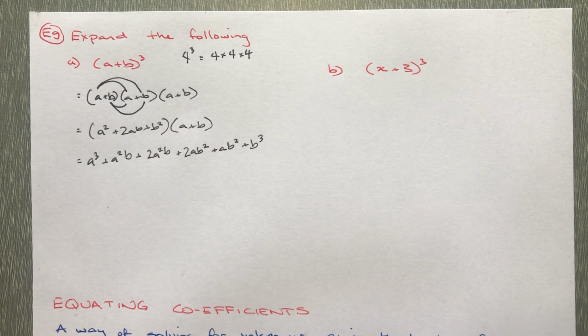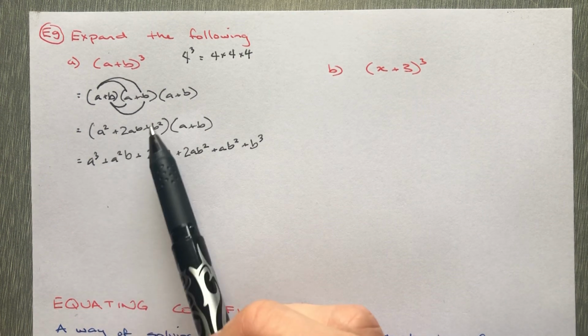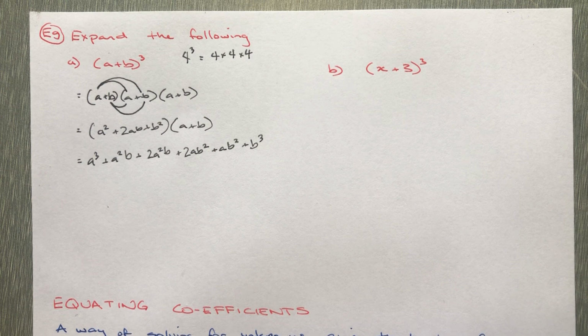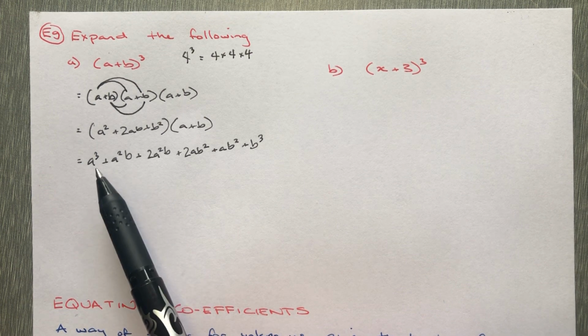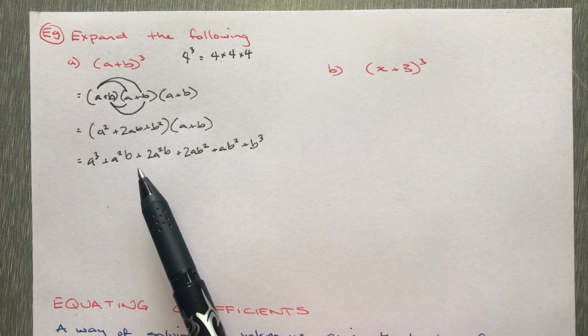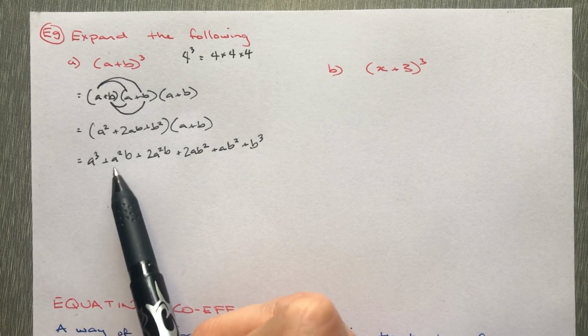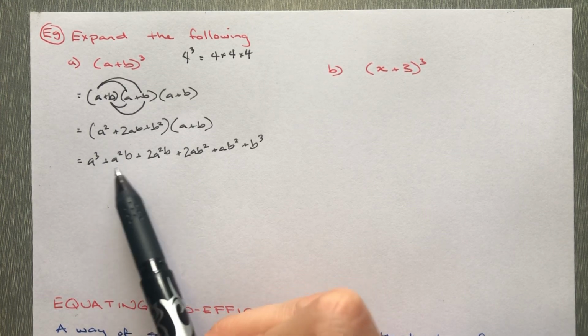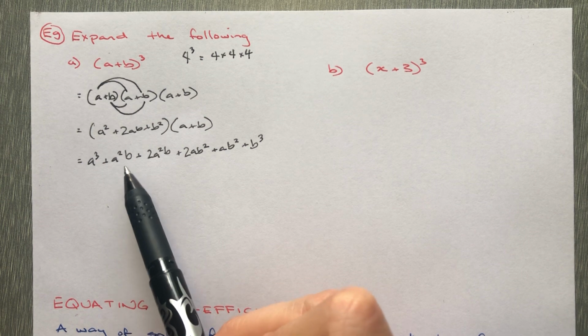Okay, so I times everything inside here by everything inside here, and now I'm going to collect those like terms. With the cubes and squares everywhere, we need to make sure we know which ones can actually go together. So if we look at this one here, a squared b, this is only going to be able to go with anything else that's also a squared b.